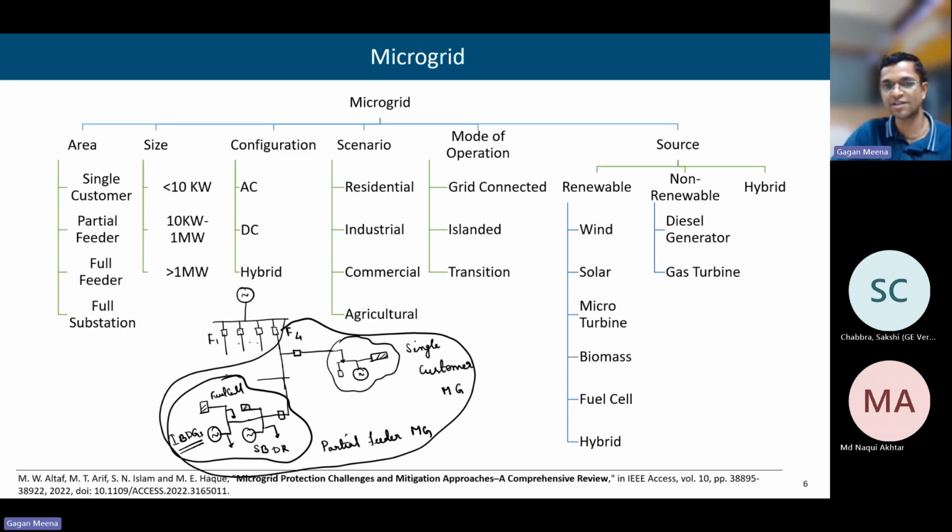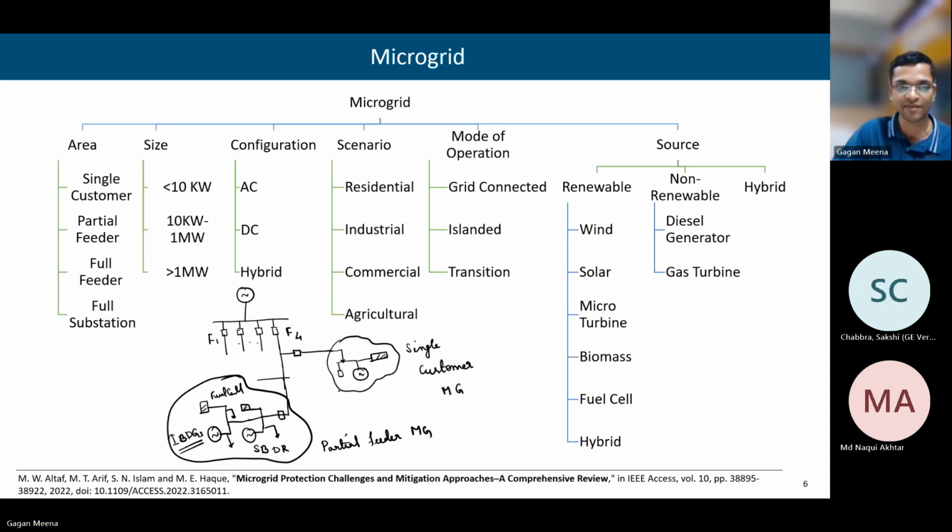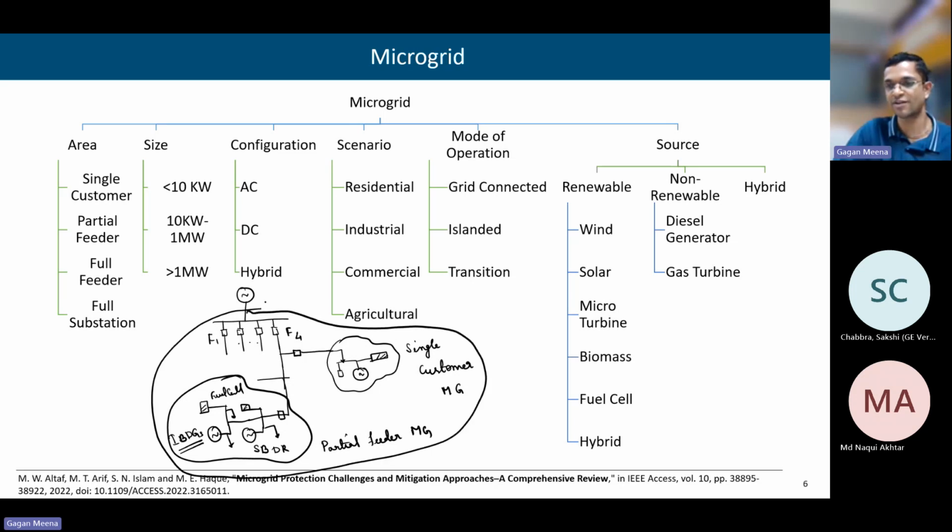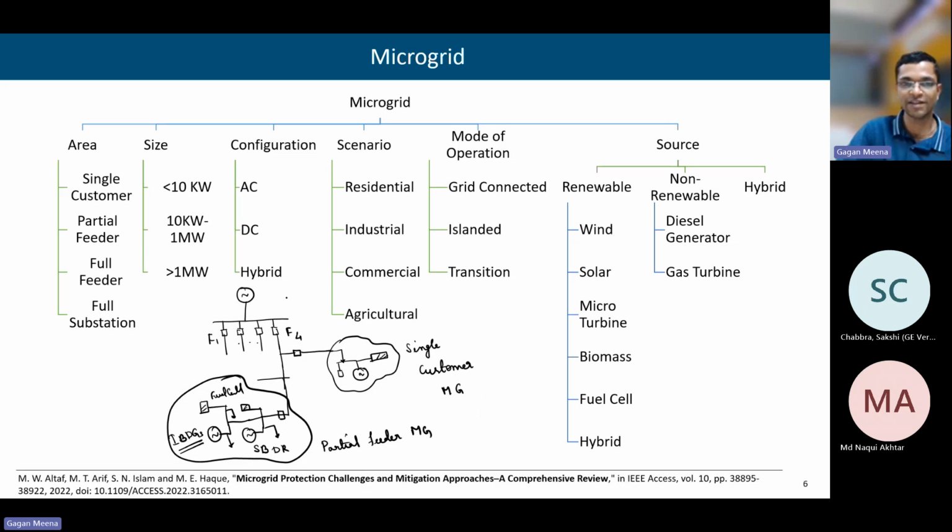But still, because this entire feeder is a microgrid, it will be self-sustaining. Similarly, this entire substation can also be another level of microgrid. When there is a fault on the main grid side, this entire substation will be disconnected from the main grid, and still it will be able to supply a quite significant amount of load because it's a microgrid.